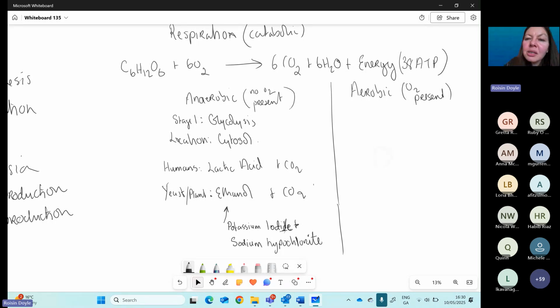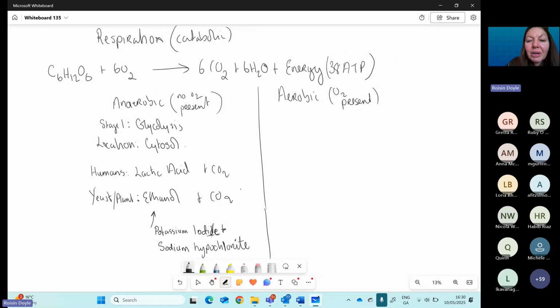The stages of aerobic respiration. So we have stage 1, of course, which is called glycolysis. Again, the location is the cytosol. We have the intermediate stage. We have stage 2.